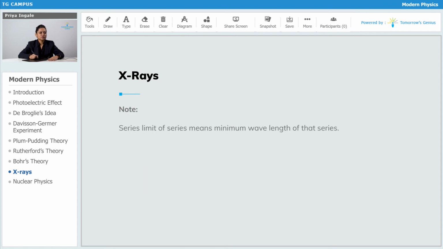Series limit of a series means the minimum wavelength of that series. This is also one of the terms, series limit, which shows you the minimum wavelength of that series.